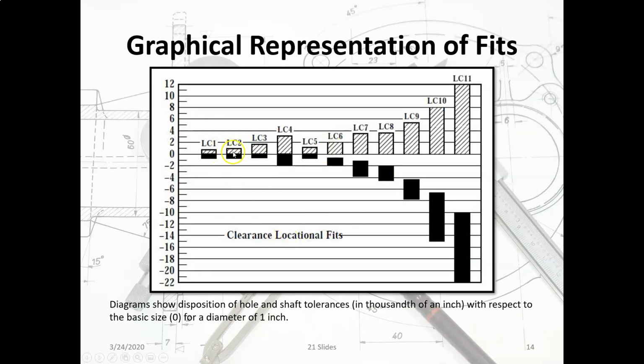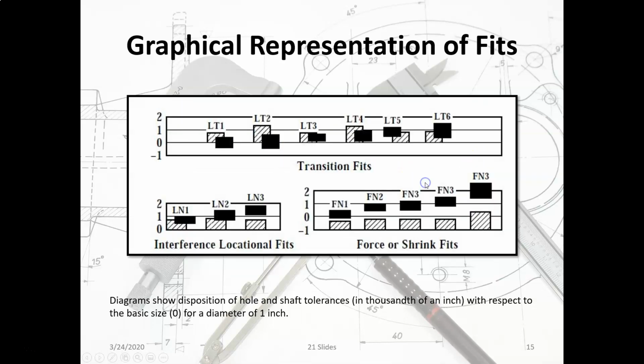Locational clearance fits, again, range from a line fit for LC1, LC2, LC3, LC4, and LC5. Those all have line fits, and then going to larger clearances up to LC11. Transition fits. Now here's where, look at that.